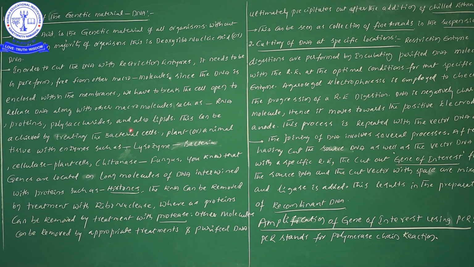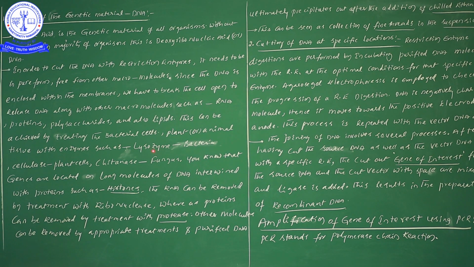Bacterial cells are digested by the lysozyme enzyme, cellulase will be used for the breakdown of the plant cell wall, and chitinase will be used for the breaking of the fungal cell wall. Likewise, there are different types of enzymes.